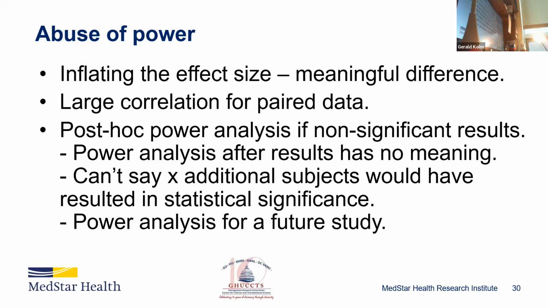Those are probably not realistic, or they're not suggested because they are what you would expect in the population that you're interested in, but they've been chosen to decrease the sample size. Then there's putting a large correlation for paired data or for analysis of variance.